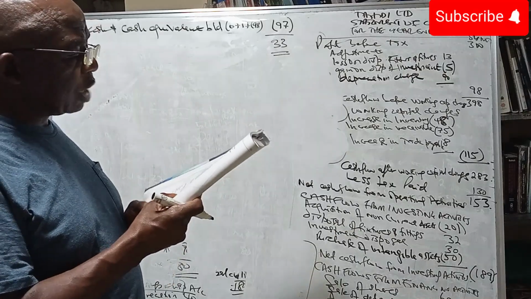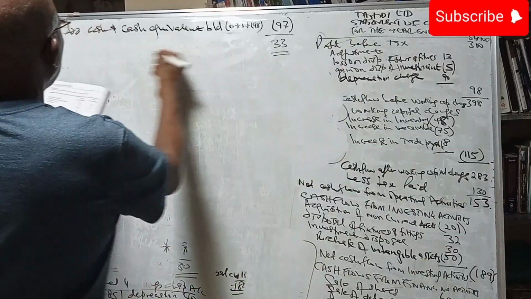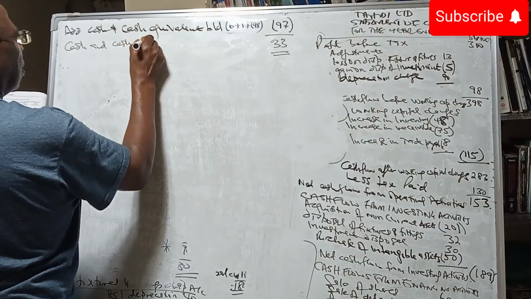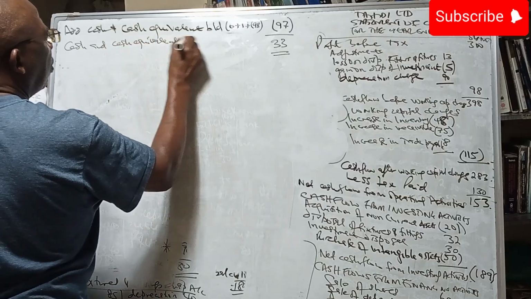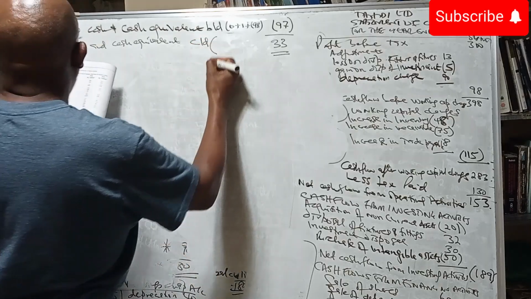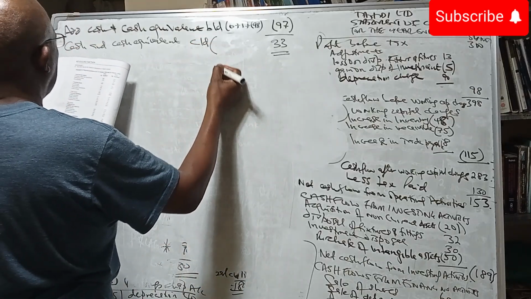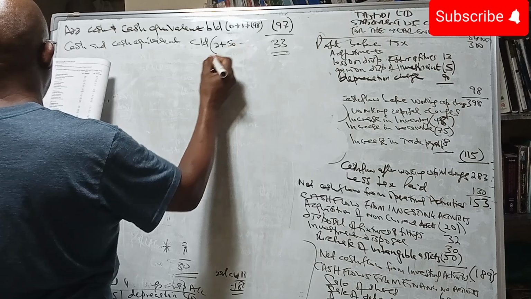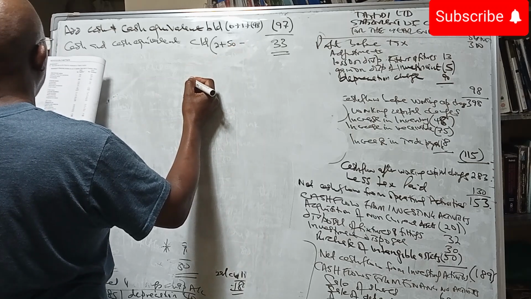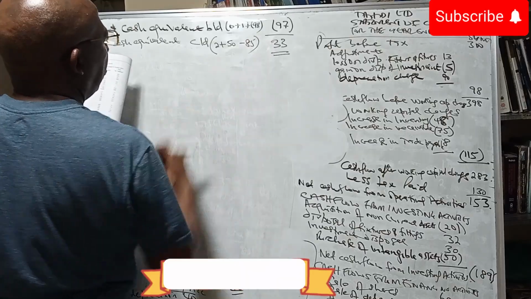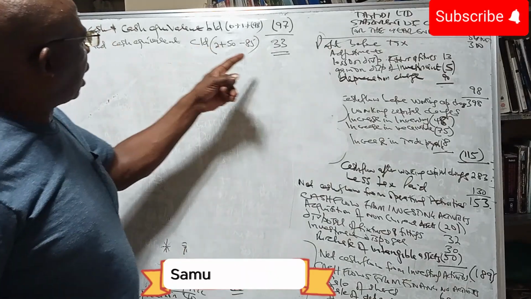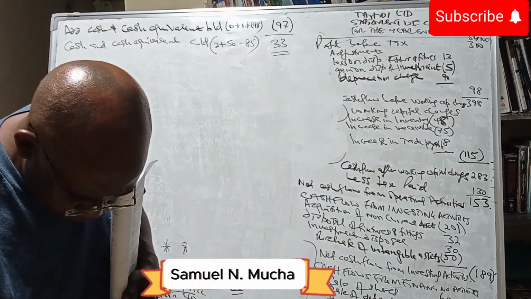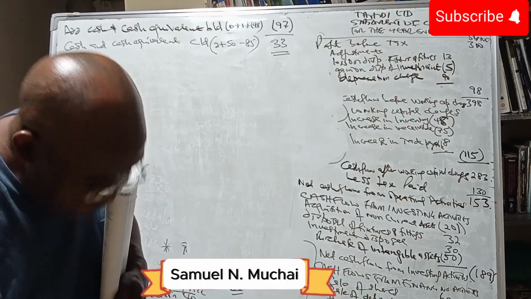So this is supposed to be cash and cash equivalent carried down. Whatever we carried down at the end of the year, if you look at the balance sheet, the cash in hand was 2, plus short-term investments amounting to 50, minus bank overdraft amounting to 85. 85 minus 52, we will get 33.